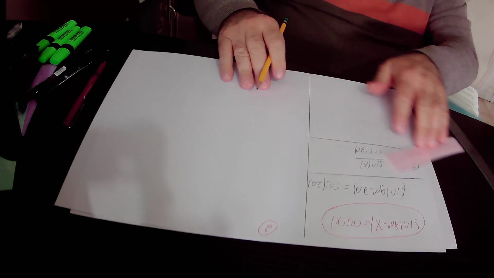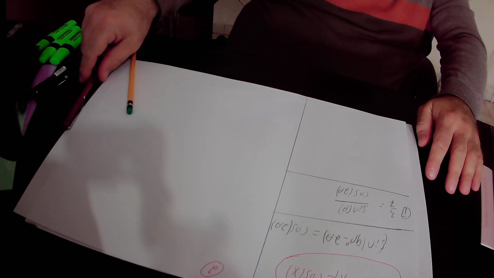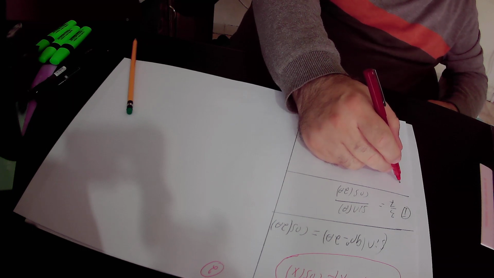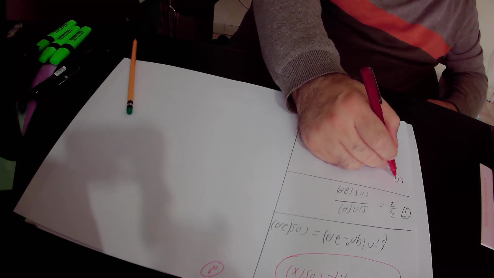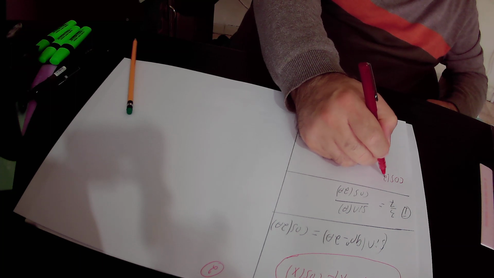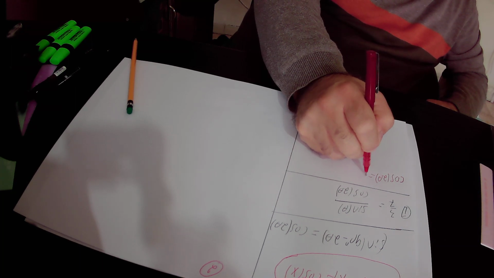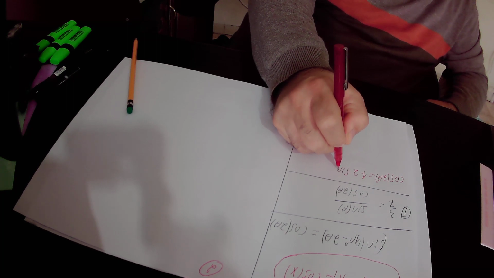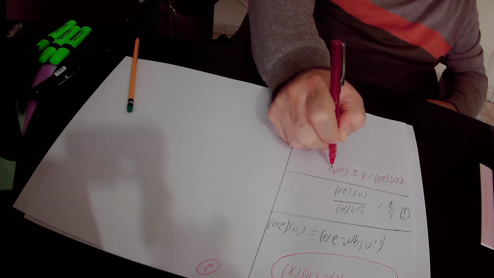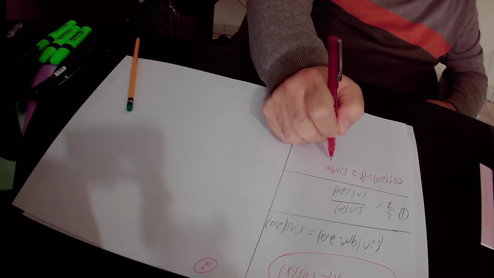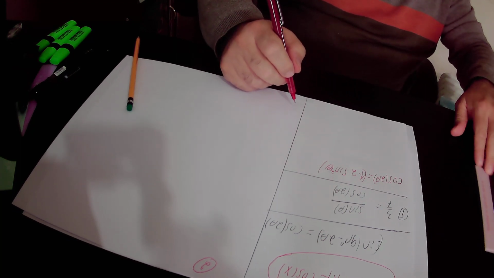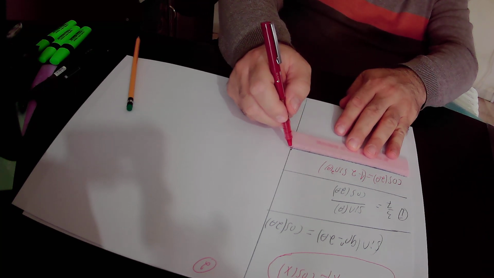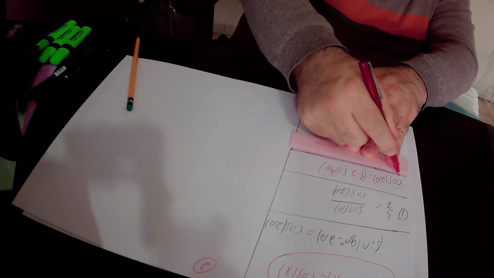Actually, we have another trigonometric identity for the value of cosine 2 theta. According to this trigonometric identity, cosine 2 theta is equal to 1 minus 2 times sine square theta. So we will substitute cosine 2 theta in equation number 1 by 1 minus 2 sine square theta.